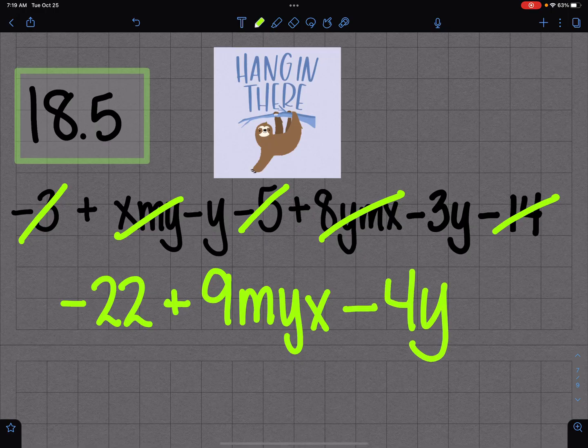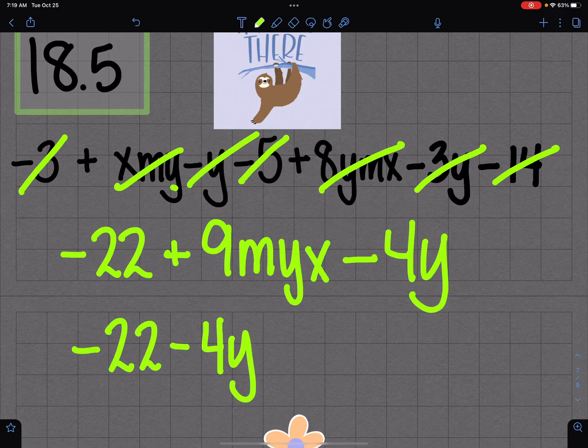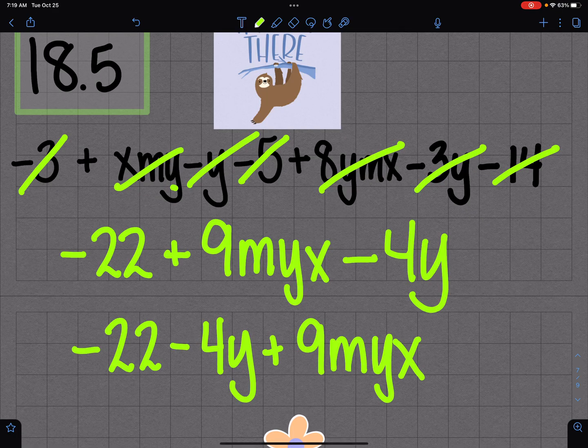Now I want you to notice something. I got an answer that looks a little bit different from the book. They wrote it down like this: -22 minus 4y plus 9myx. Okay, guess what? I got the right answer. The book got the right answer. These are both the same answers because you can change the order.